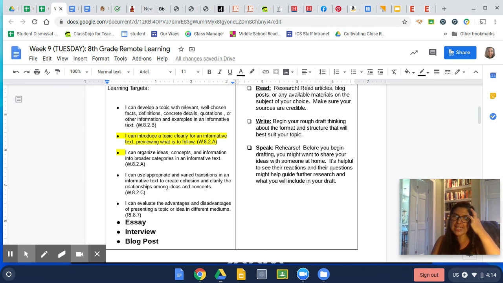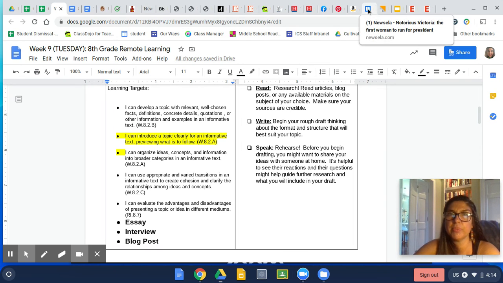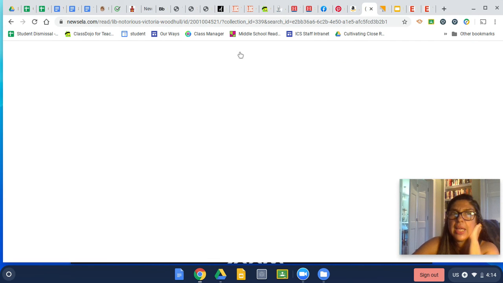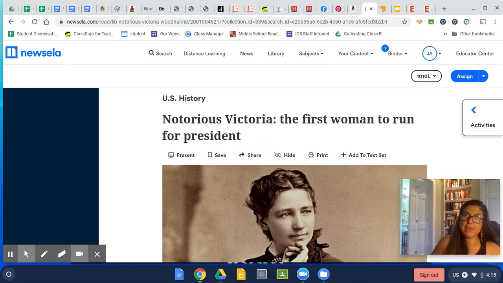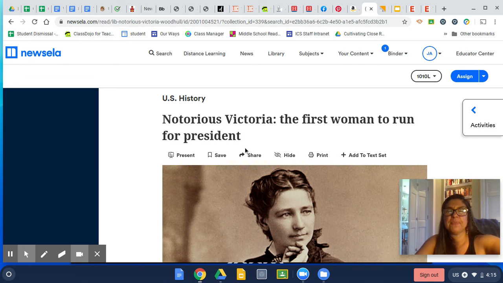So the first thing that I did is I looked at this as a mentor text, but then I found one more mentor text, and I knew I wanted to use that descriptive format structure. So I went to Newsela and I just looked at some other biographies about people. How can I use this as a mentor text to write my piece about John Trudell? So I looked at this one, and it's about Victoria Woodhull, the first woman to run for president.